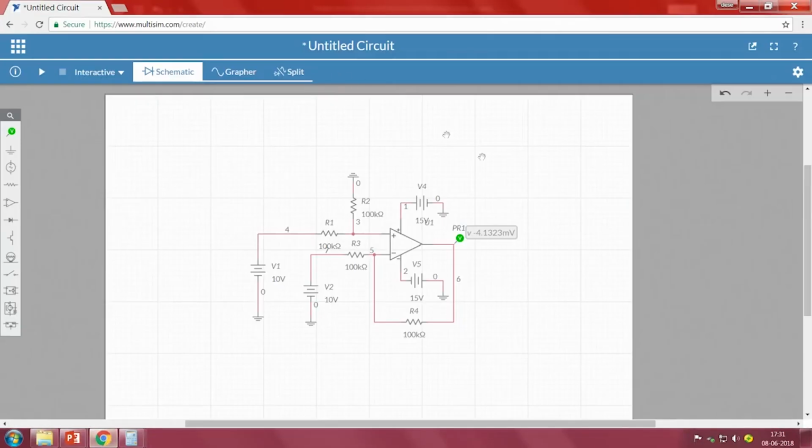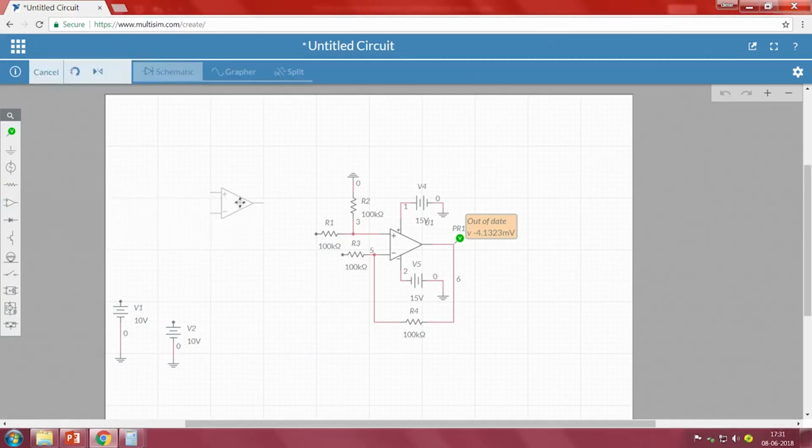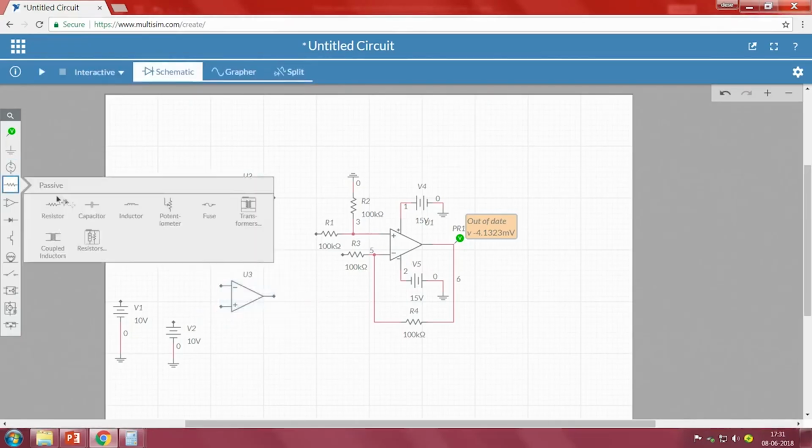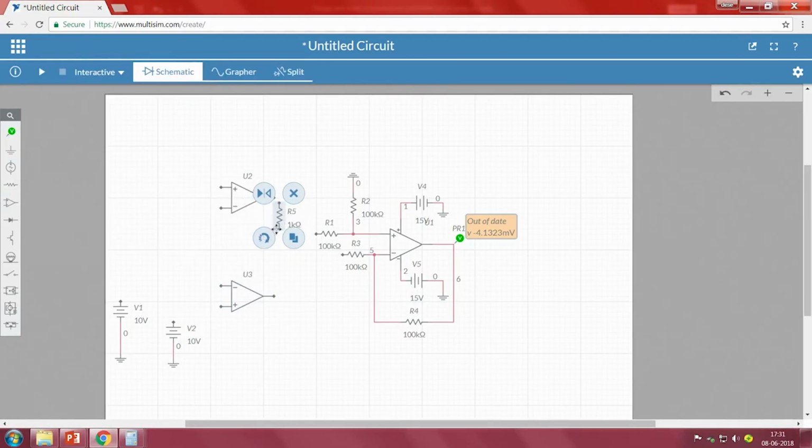Now, to the same circuit, I will take a few more op amps. So, let me keep this aside. I will take simply 3 terminal op amps, it is more than enough. I have to choose different resistors, one here, one more here and one more here.